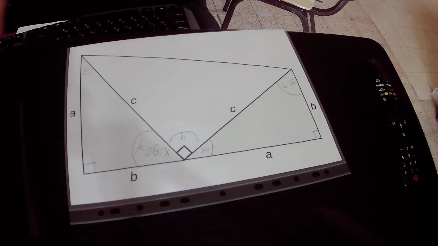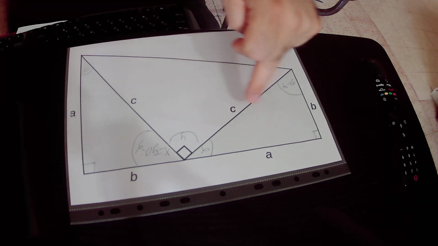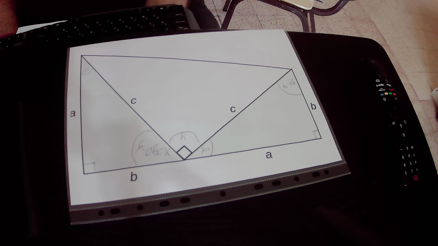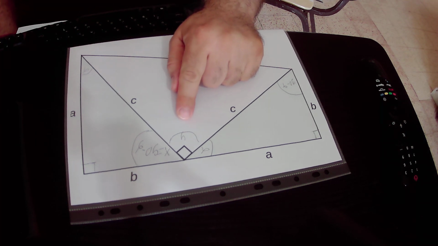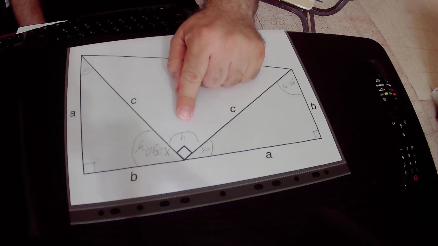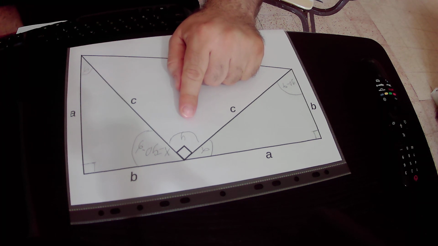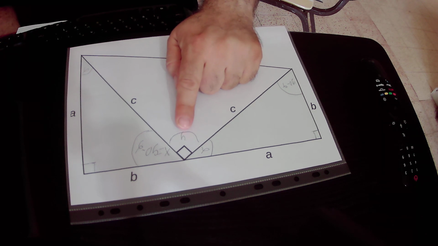And since the sum of the angles on a straight line is 180 degrees, then the angle between the sides C and C in the middle triangle, we will mark this angle as unknown y. Okay, we will use the variable y to mark this angle.